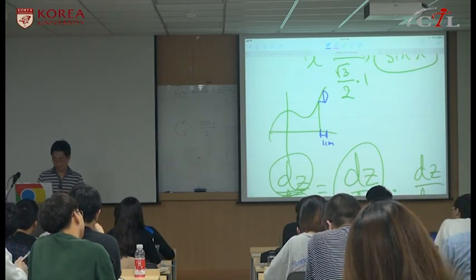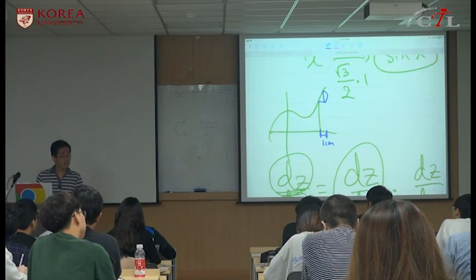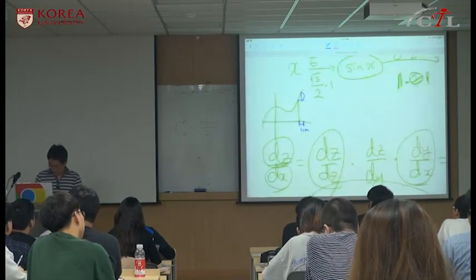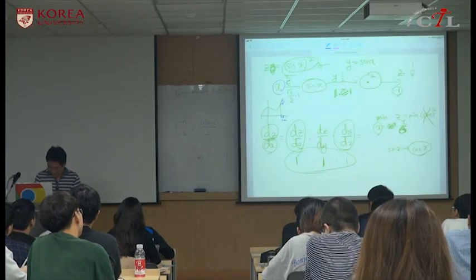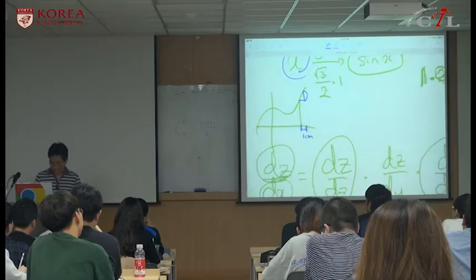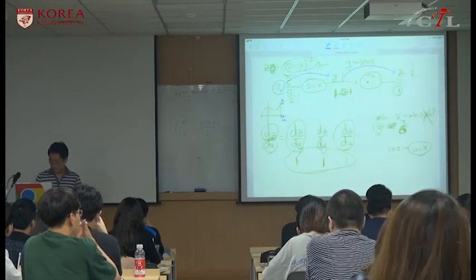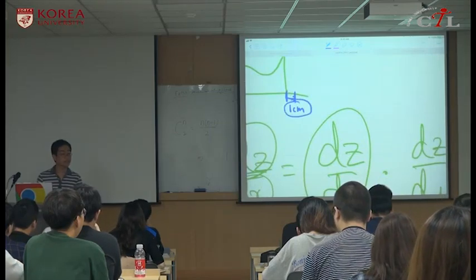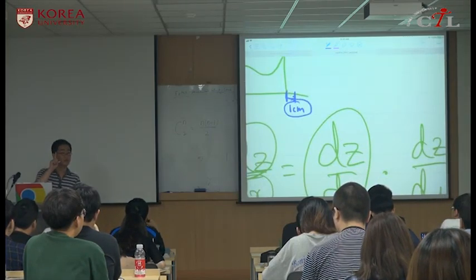And then what about the chain rule? Okay, so this is like x to y and y to z. So we want to obtain how much z changes with respect to the changes of an x, when x changes by 1 centimeter.